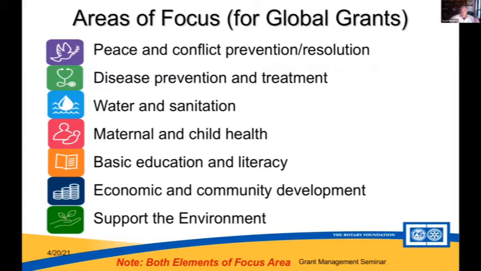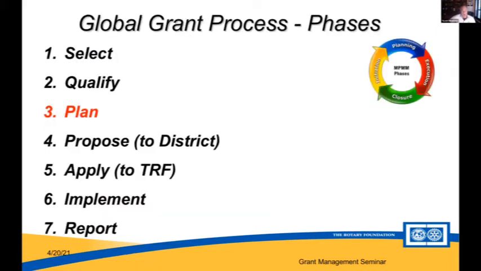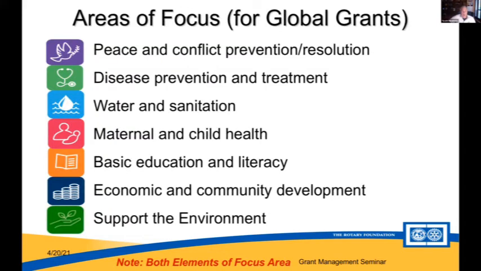That doesn't mean necessarily that we have to build latrines, but it does mean we have to do a lot of training of people that are receiving the water filters on how to keep things clean and what the sources of disease are, those types of things. And that's true on all the other global grants. You need to address both aspects of it.